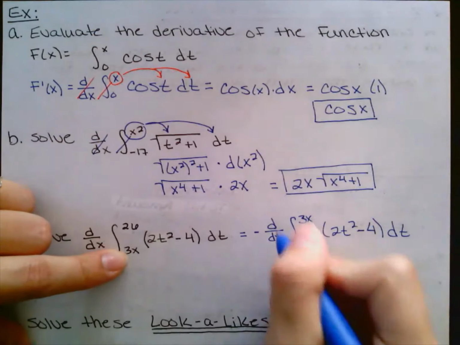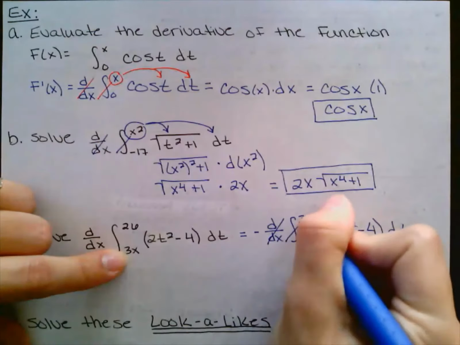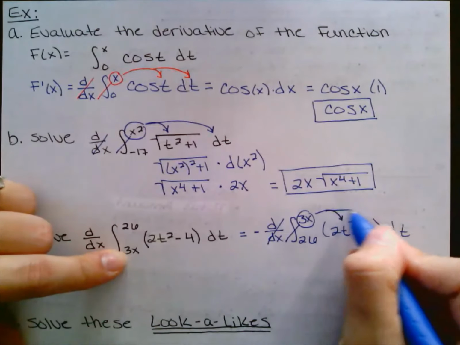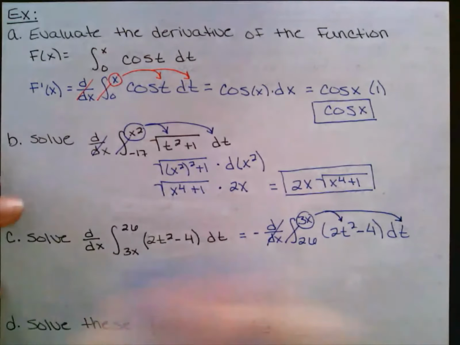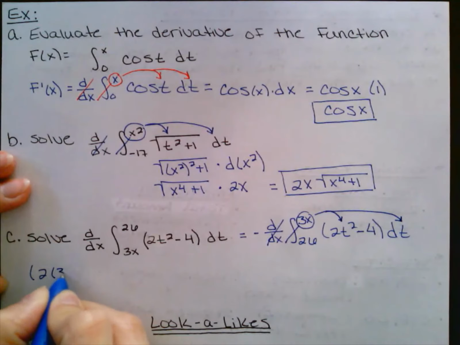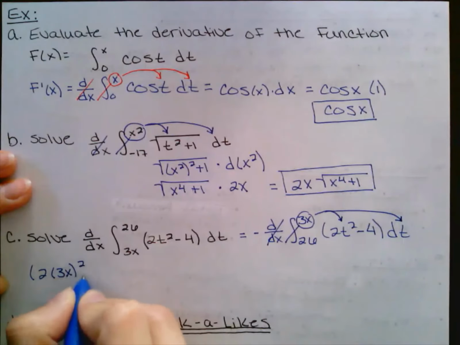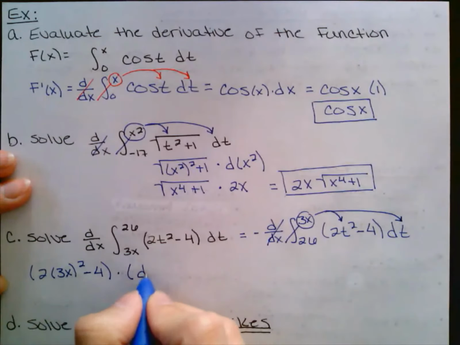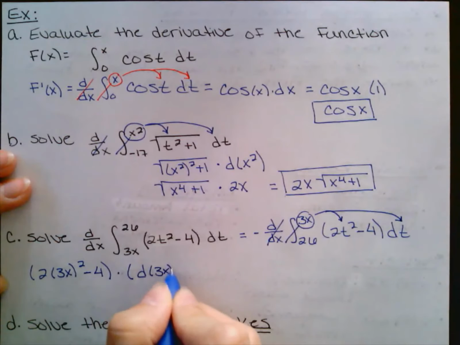And now I'm allowed to finish this. The derivative and the integral cancel, and my function 3x gets plugged into both variables t. I'm going to come over here. I'm going to have 2 times (3x) squared minus 4 times the derivative of 3x.